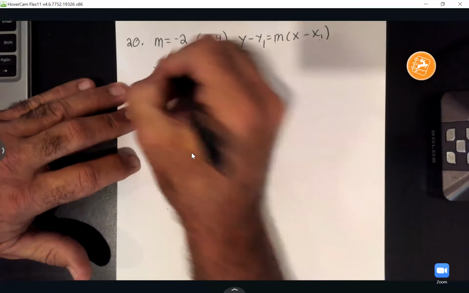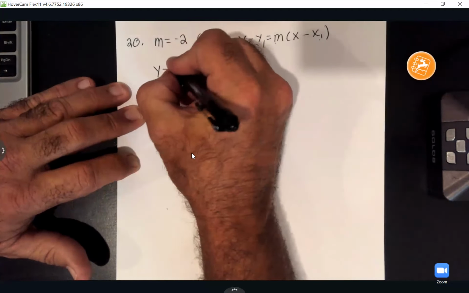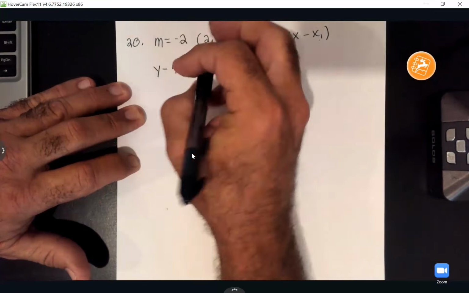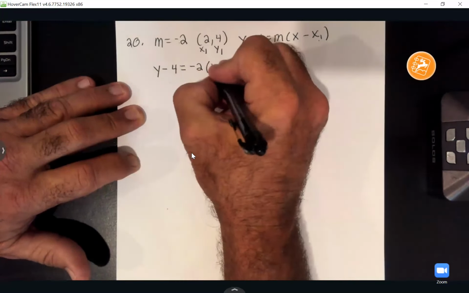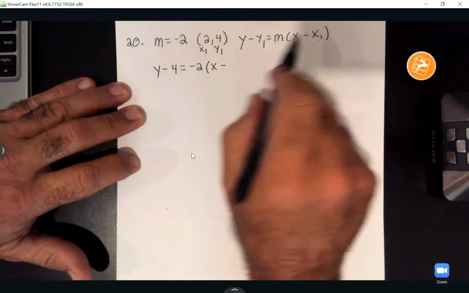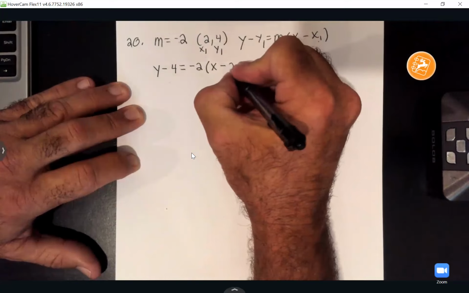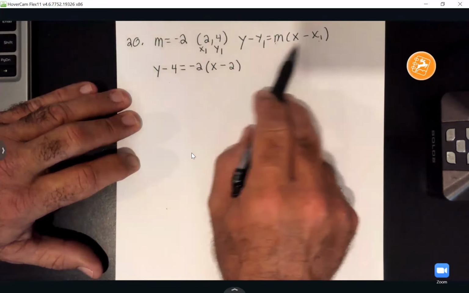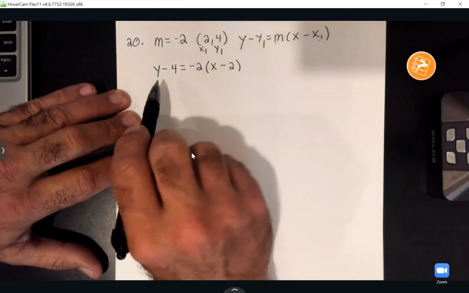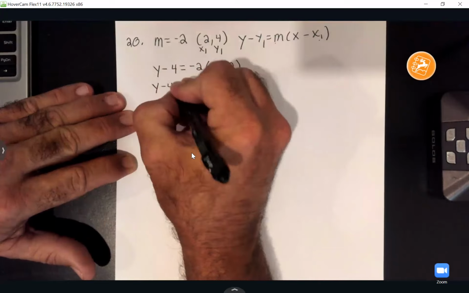We got y minus y1, which was 4. That's going to equal to m, which is -2, times the parentheses x minus my x1, which was 2. So this one, you just got to plug all 3 of these numbers in for your variables. All right, y'all, so I can't do nothing on the left side yet, so I'm going to leave that y minus 4.